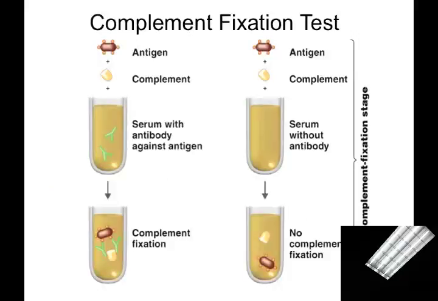Another way of asking this question is using complement fixation. So this is kind of complicated and cool, but still complicated. So I'm going to step you through it, then we're going to go back and do it again. Basically, in the experimental sample, the person who has antibodies against this antigen, we add to that serum the antigen that we're interested in, plus complement proteins.